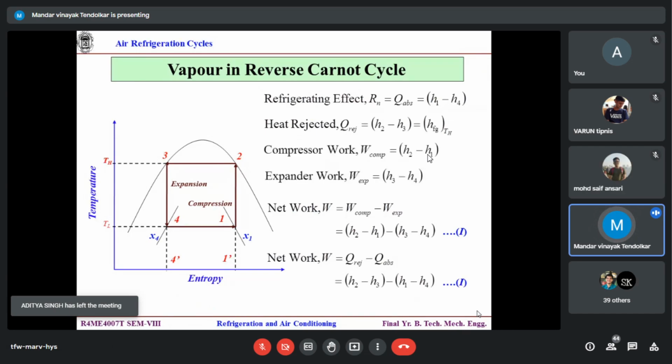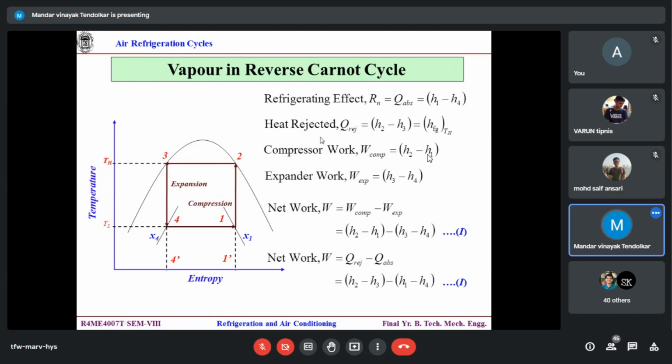The refrigeration effect is H1 minus H4. This is what my heat absorbs. The heat rejected is H2 minus H3, which is equivalent to HFG at that particular pressure and temperature TH.